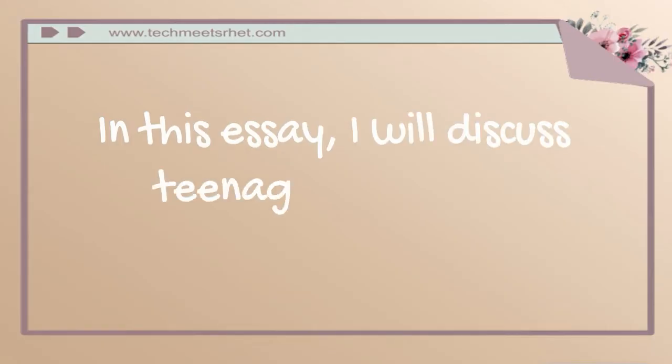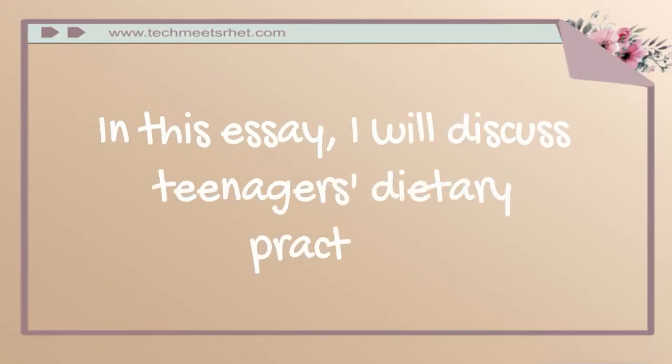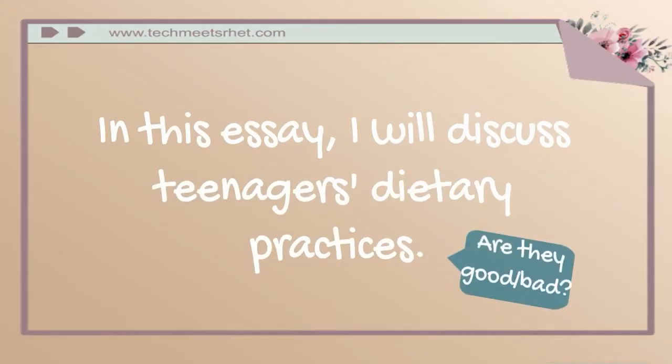For example, instead of saying, in this essay, I will discuss teenagers' dietary practices, be specific. What exactly are you arguing about their diets? Are they good or bad? Are you arguing what should be done about the diets? These are all different aspects that a writer could focus on and questions the reader is wondering.